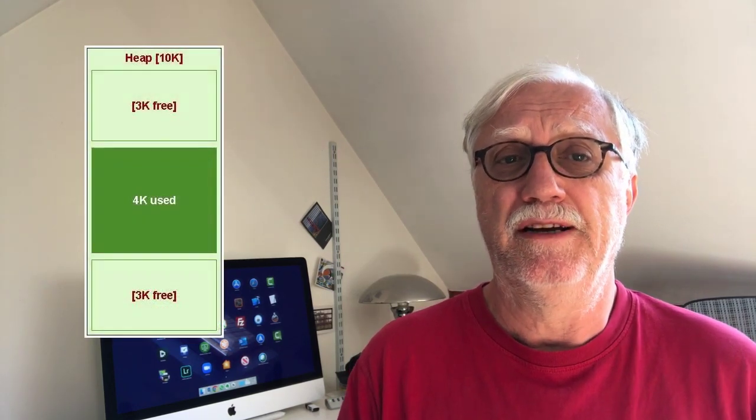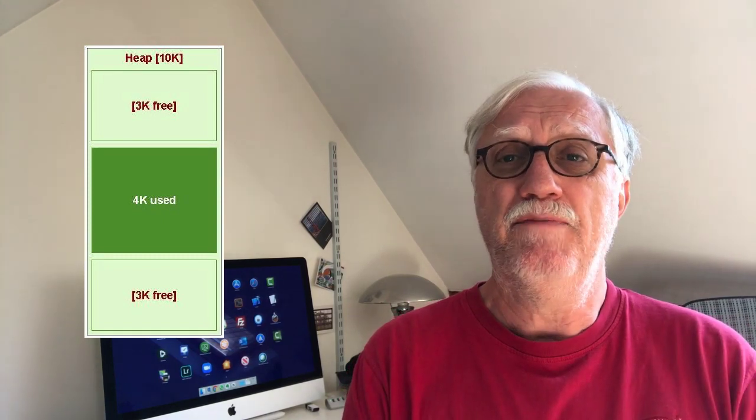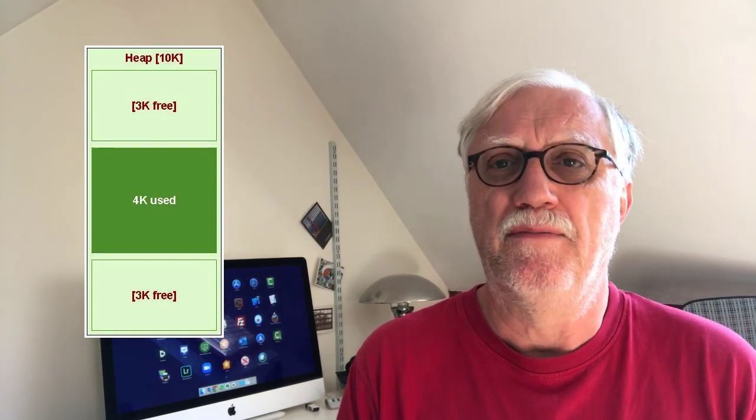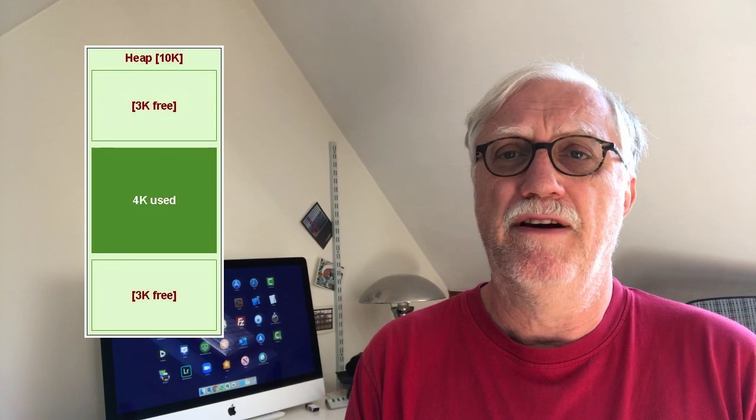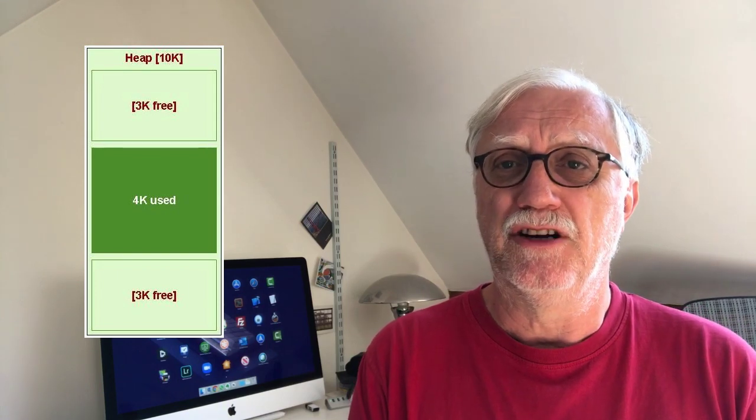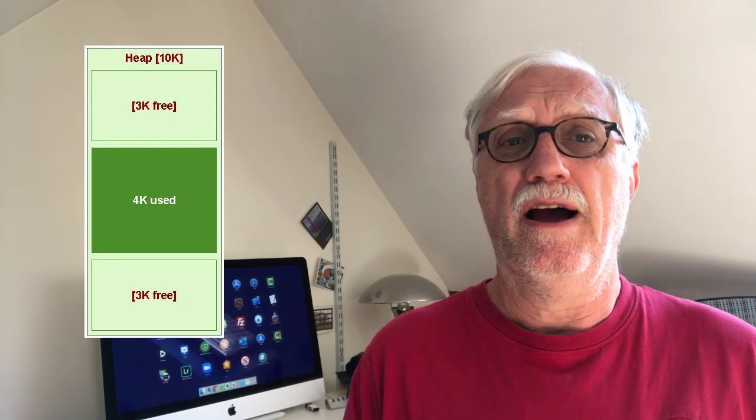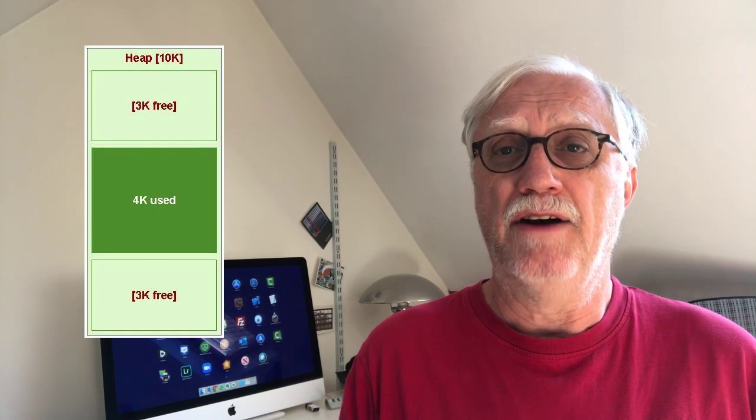Well, the answer is, for example, when you are performing a series of allocations and deallocations in a sort of random kind of order, and the result is fragmentation. Take my example here. We have a heap which is 10k, just a round number. I have made various allocations and deallocations over time, so now I have a layout that looks like this.